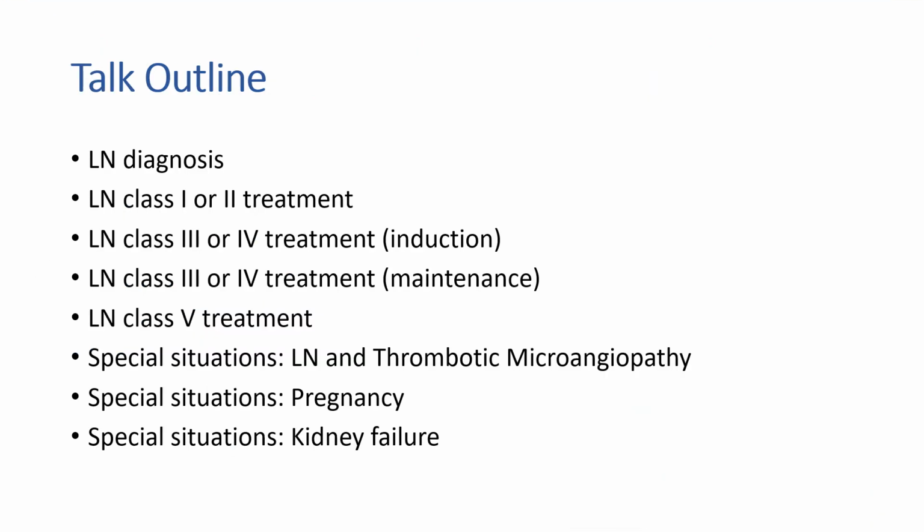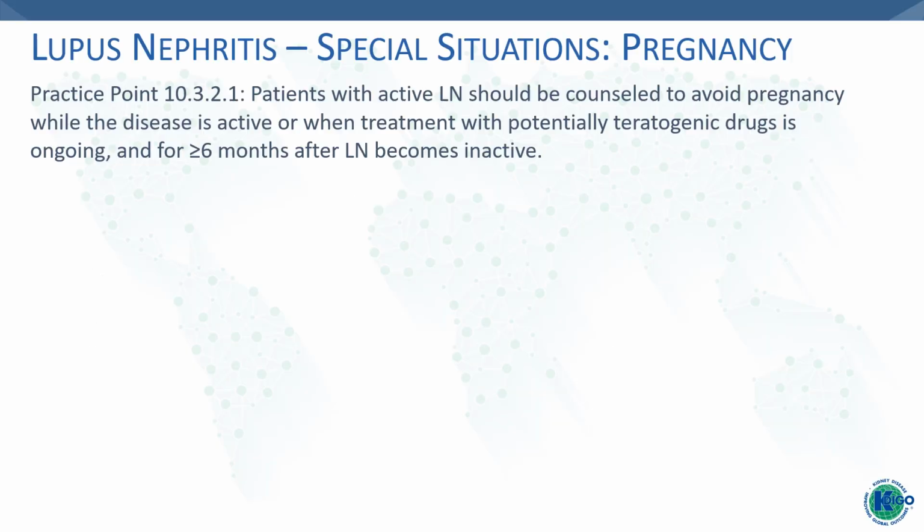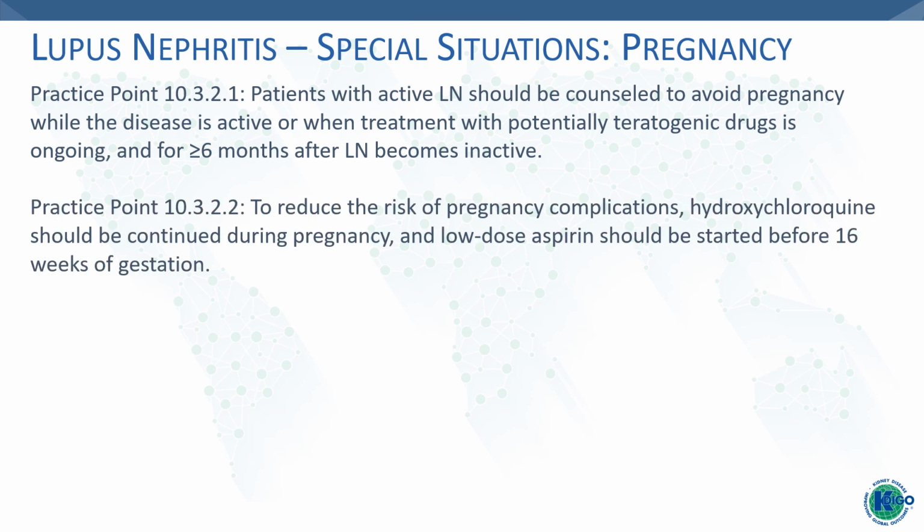The second special situation is pregnancy. It is recommended that patients with active lupus nephritis should be counseled to avoid pregnancy while the disease is active, and or when the treatment is potentially teratogenic, as with the use of MMF, and it is recommended to become pregnant only after 6 months or more after lupus nephritis becomes inactive.